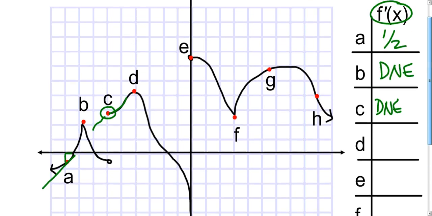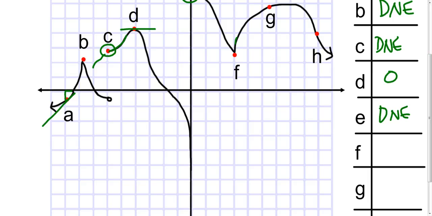Then at point E, you have the same problem. As you approach it from the right and from the left, it's different. Oops, I skipped D. D looks like this would be the tangent line, and that is a horizontal line and has a slope of 0. F is another cusp that we've talked about when it comes to a point as it approaches. So that one does not exist either.